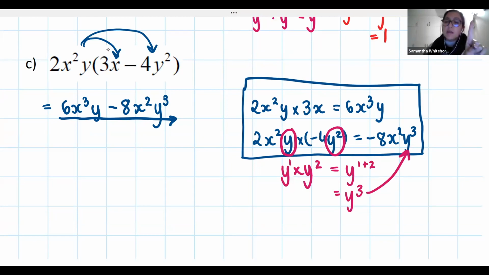So I've got 1 y multiplied by 2 y's. In total, I am multiplying 3 y's. That is why my exponent for y is y to the power 3. I've got 3 y's that I'm multiplying together. That is what multiplication and essentially exponents tells me, how many times I'm multiplying something.